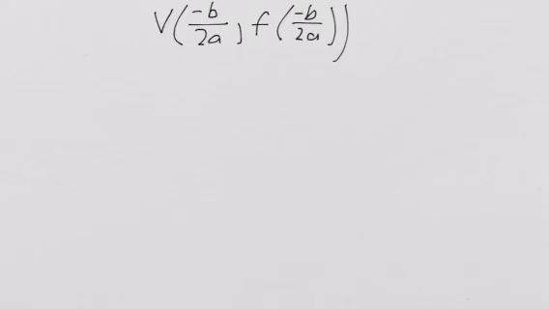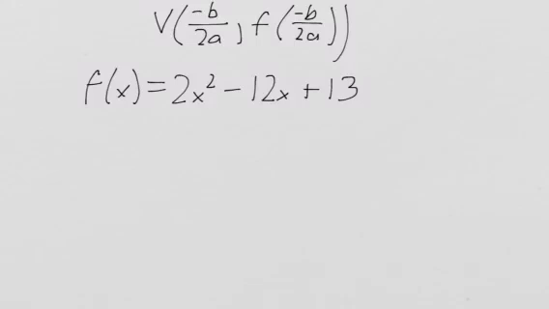So now, as an example, we can find the vertex of 2x squared minus 12x plus 13. So I can plug into the vertex formula to find x.